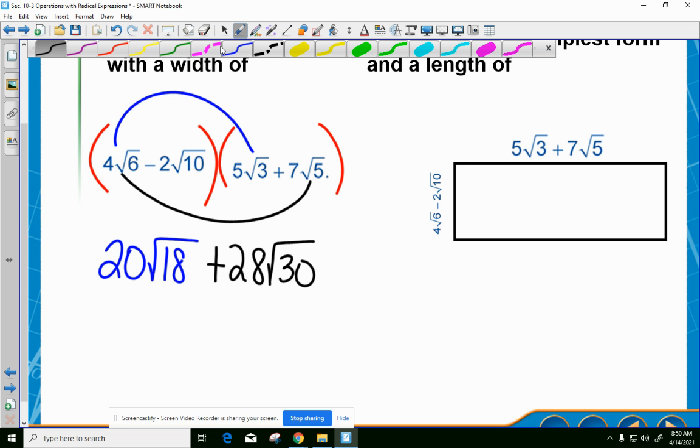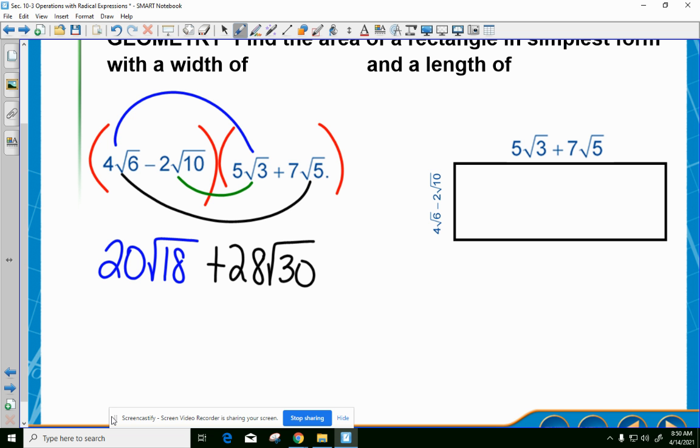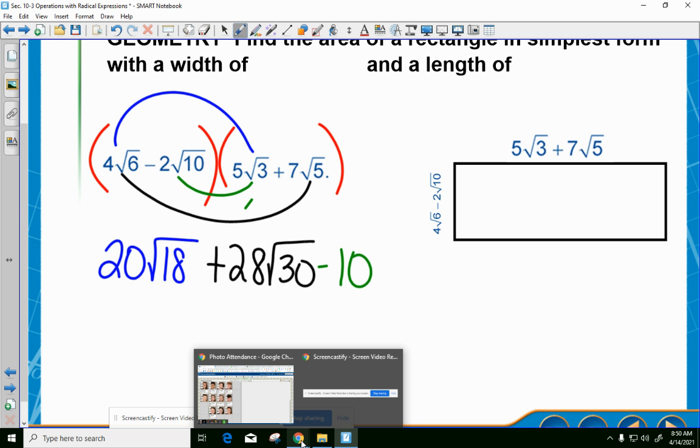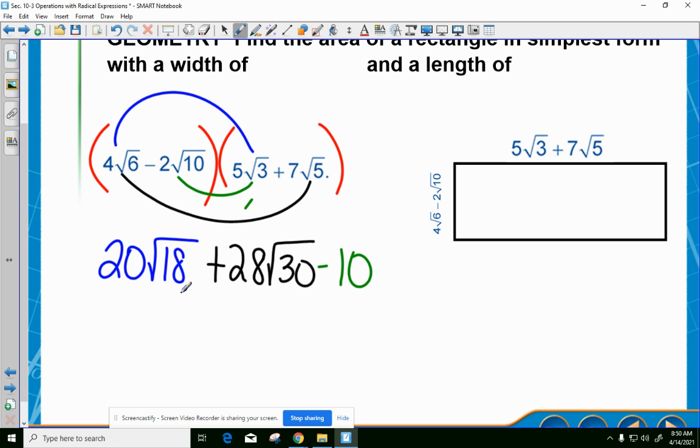After the O, we go to the I, which would be inner, the inside ones. Now you be careful, there's a negative in that. So negative 2 and 5, that's negative 10. And then square root of 10 times square root of 3 is square root of 30.